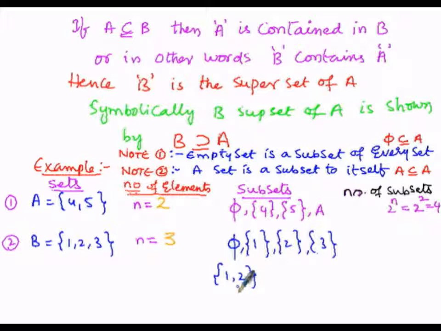Therefore this is a subset of set B. Similarly {2, 3}, this set is consisting of 2 elements, that is 2 comma 3, they are also elements of this set B, therefore this set is also a subset of set B. Then now, the third and the first, so here {3, 1}, this set is consisting of 2 elements, that is 3 comma 1, they are also present in this particular set B, that is 1, 2, 3, they are also present here.